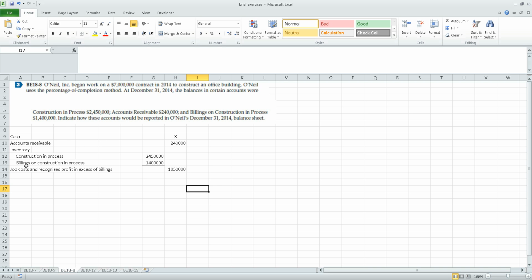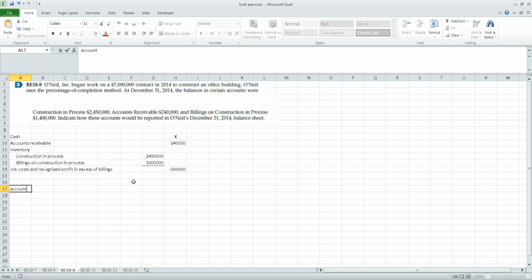On the other hand, if the credit balance on the billings on construction in process exceeds the construction in process account, let's say hypothetically it were $3 million here, you wouldn't report negative inventory, you wouldn't report job cost and recognized profit in excess of billings. Instead, what you would do is go over to the liability section of the balance sheet.